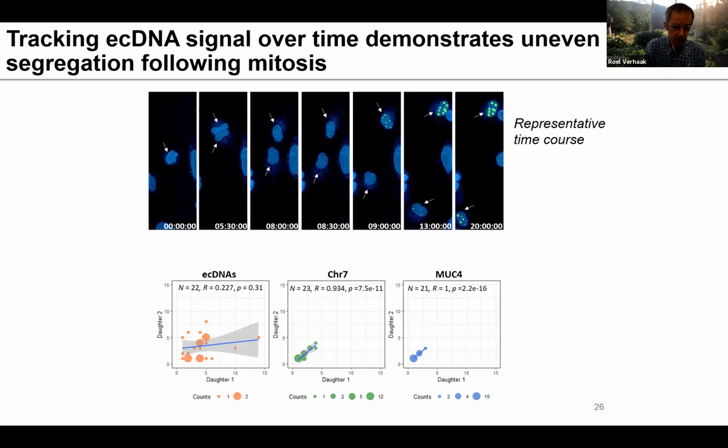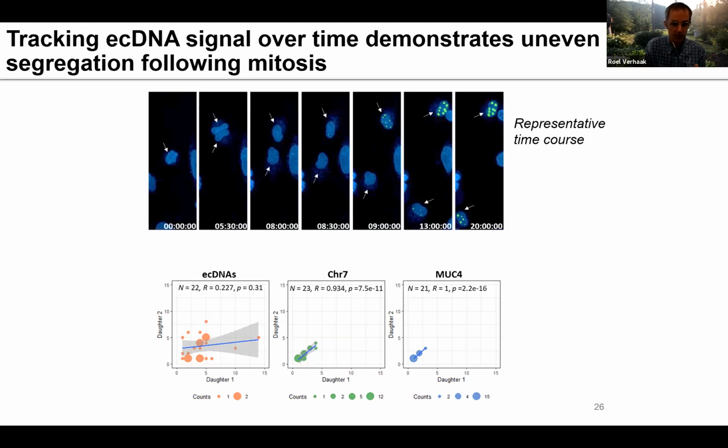And as you can see here, often this is a random association. The number of ecDNA signals in daughter cell 1 is not predictive of the number of ecDNA signals in daughter 2.